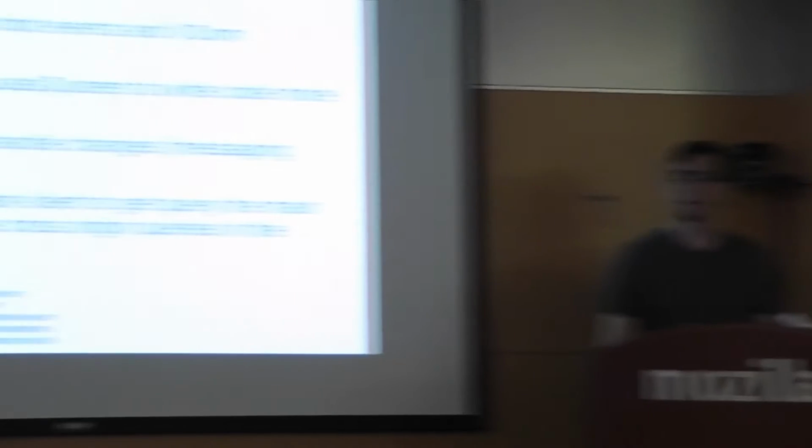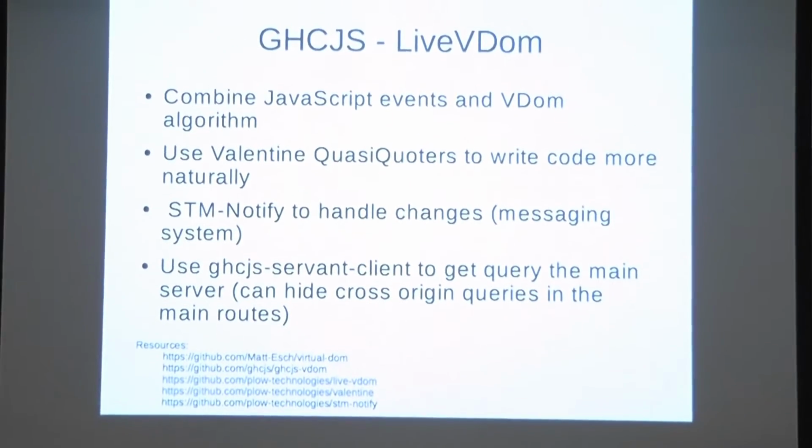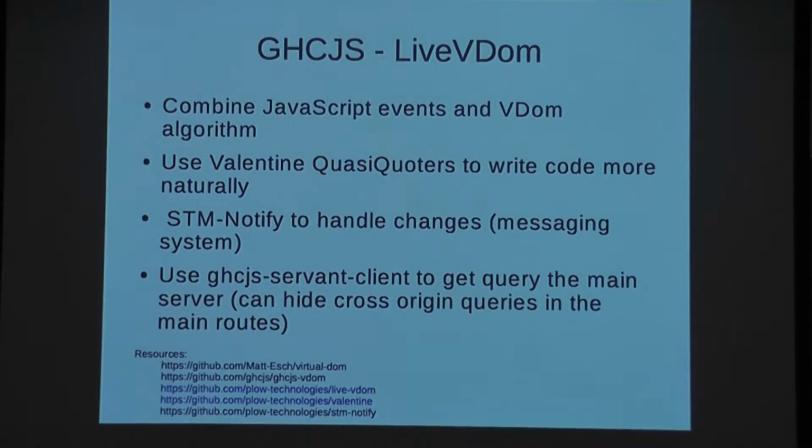We have a package called Live VDOM, and if you're familiar with VDOM, it's sort of like a DOM differencing library. The idea is that if you have some events that may change the DOM, you only change the DOM if it's actually different.